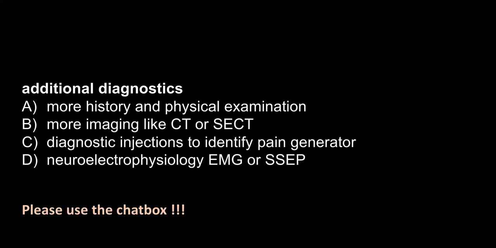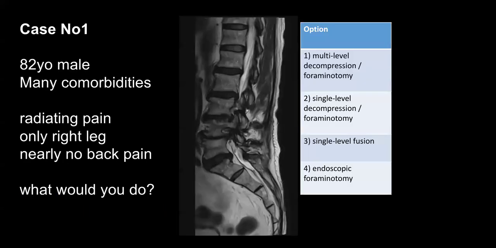I'm a little bit more confused by neurology sometimes, especially when the answer is there's no chronic denervation, there's no sign of any neurocompromise, and the patient has really a severe pain syndrome. So I ask you the same question again: multi-level, single-level fusion.